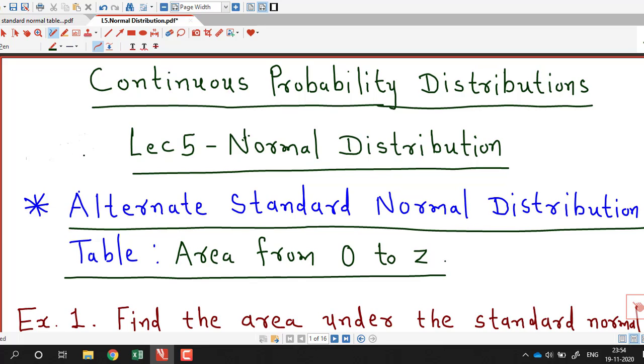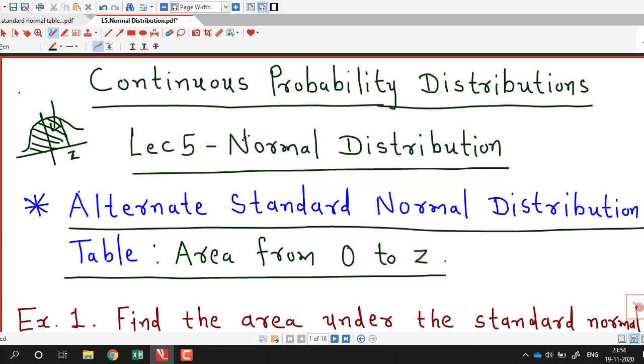In previous lectures we have discussed probabilities using the cumulative normal probability table, in which we are given the areas to the left of specified values of z.